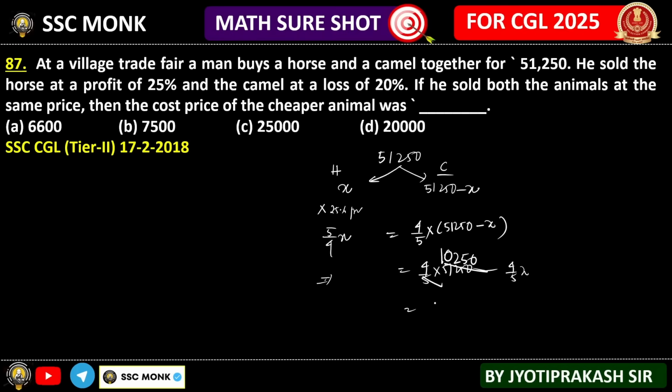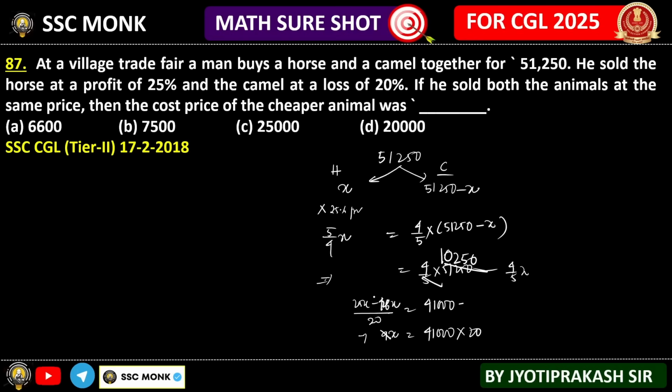So this can be written as 41,000 is equal to 5 by 4x minus 4 by 5x, that is 25x minus 16x, is equal to 41,000.